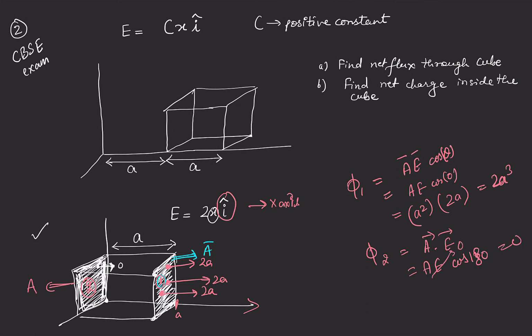So now we have calculated flux through surface 1 and 2, and there are 4 more surfaces. We do not need to calculate flux through surface 3, 4, 5 and 6. The reason is the flux through those surfaces is 0, because the area vector would be perpendicular to the electric field vector. The electric field vector is along the x-axis.